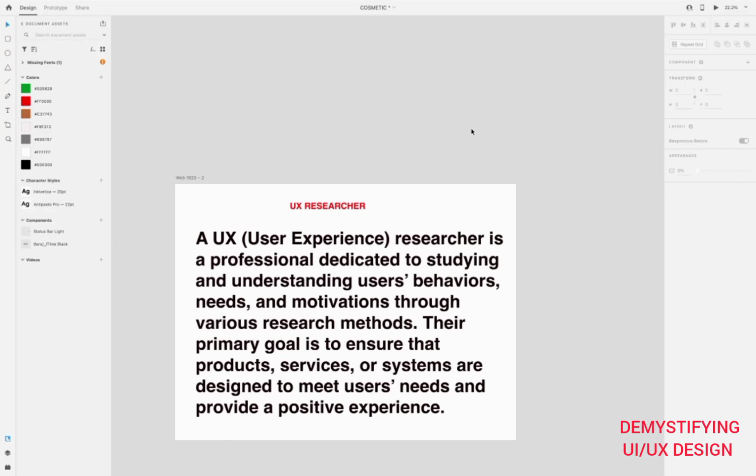So in the previous class we talked about who a UI designer is. Today we're talking about UX designer slash UX researcher.